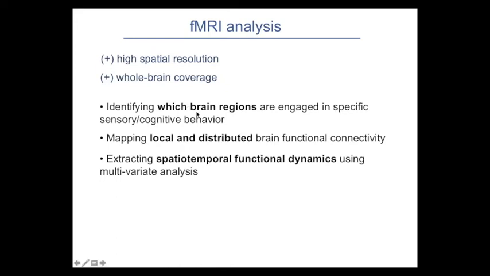So for the first type of analysis, this is still single voxel based. In that regard, each voxel reacts to the task separately, but that's not likely the case. So there is an emerging interest in doing multivariate analysis, basically showing the pattern of how different regions react to the task.